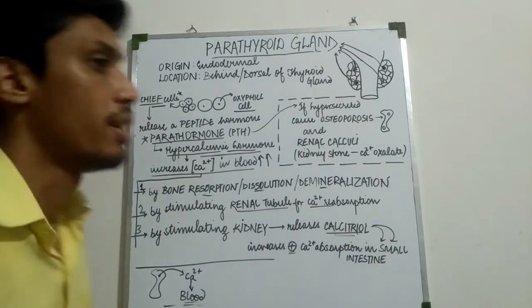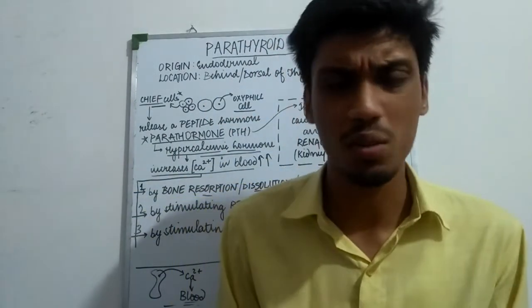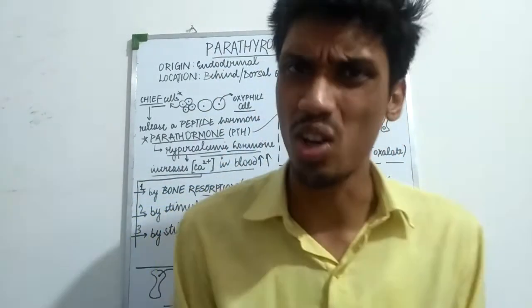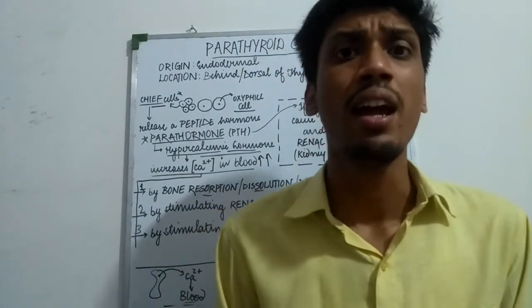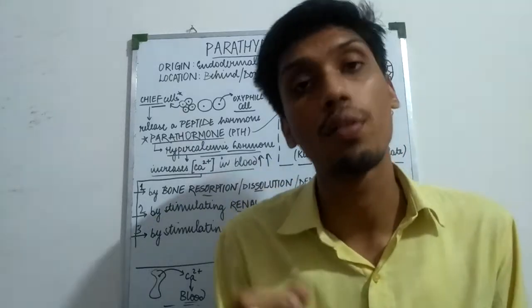Now, this was the entire thing. It was a very small topic, and this was what was mentioned in your NCERT thoroughly. I've explained every point, and now what happens if there is hypersecretion of this hormone?